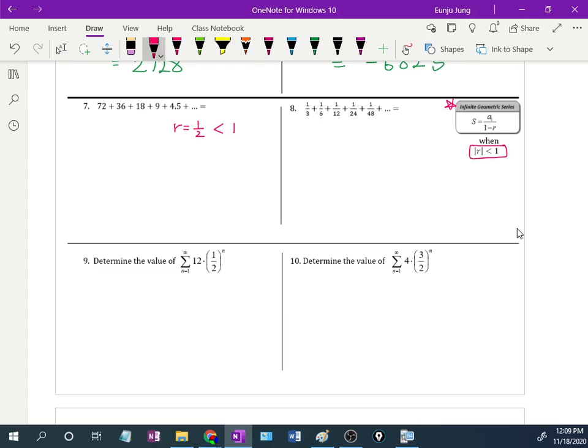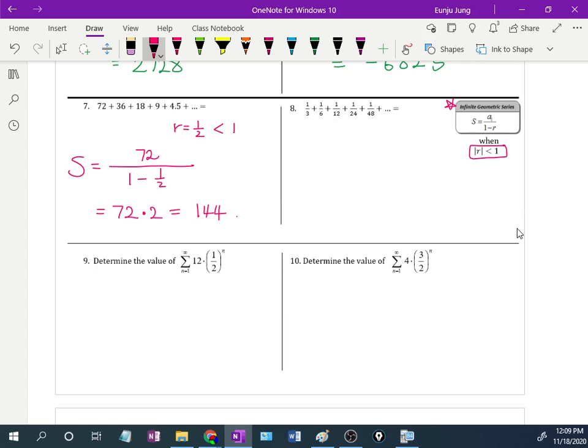So let's find the sum for this sequence. The sum of this sequence is the series, and it goes forever and ever, so that's called the infinite geometric series. So the formula says use the first number, 72, over the denominator, 1 minus r. So the answer will be 72, that is half, so flip it, that is times 2, right? So that will be 144.